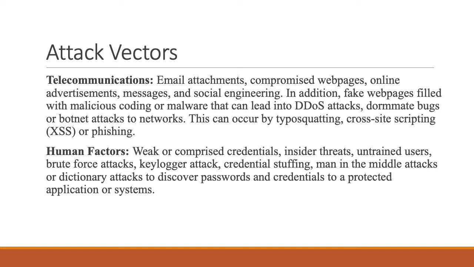Also, fake web pages can be attack vectors that can have malicious coding or malware that can lead into more serious attacks, such as DDoS attacks, infiltrate some dormant bugs, or conduct botnet attacks through the networks.